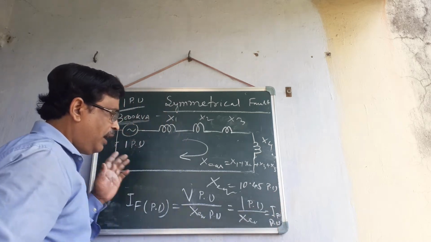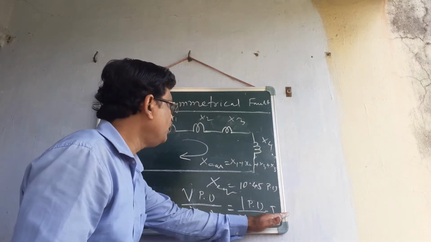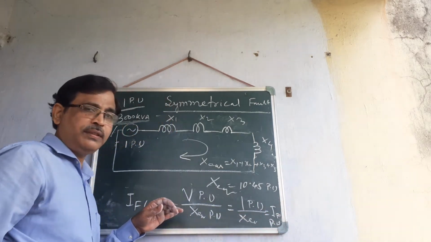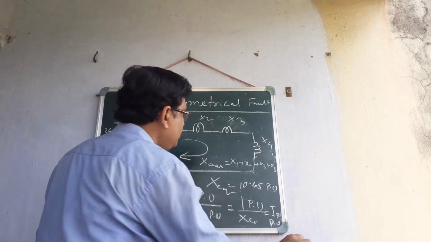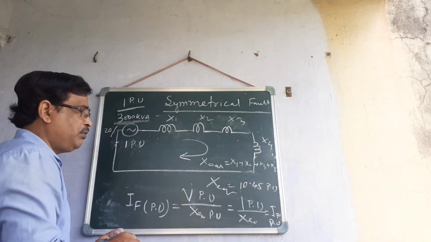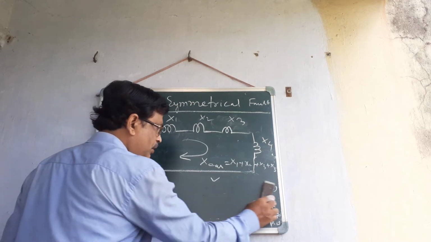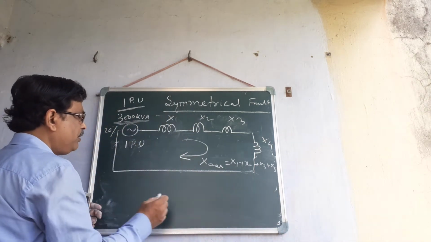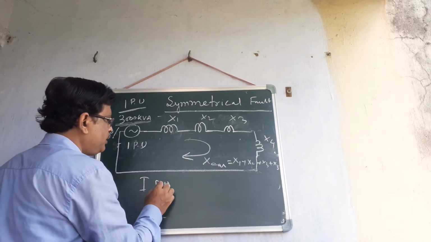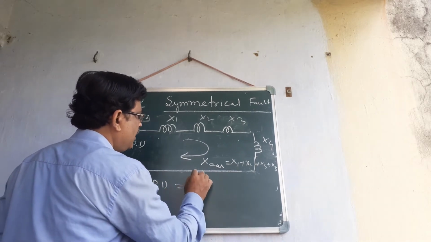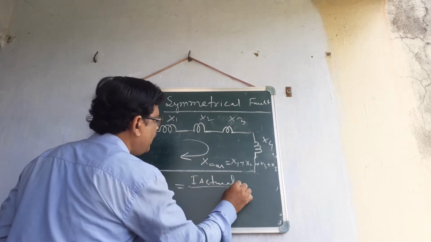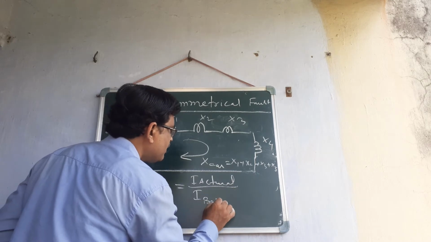We will get it, but per unit value is not the actual value. So from the per unit value, we will convert it to the actual value. You can ask me how. It's very easy. From the very basic definition, I per unit means I actual by I base.